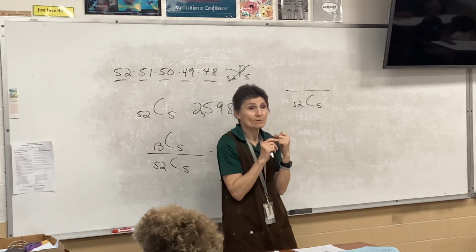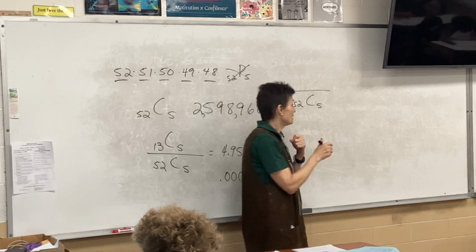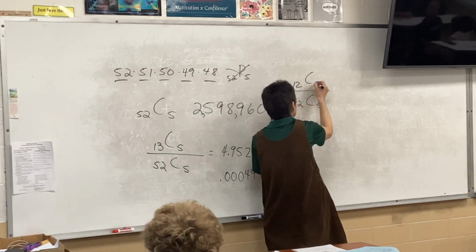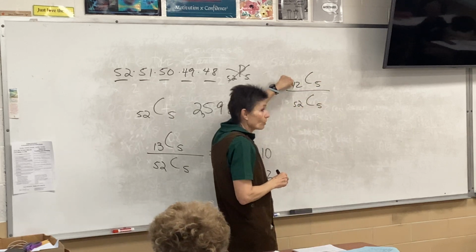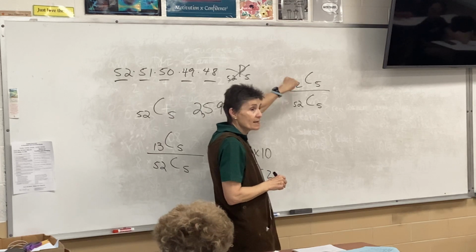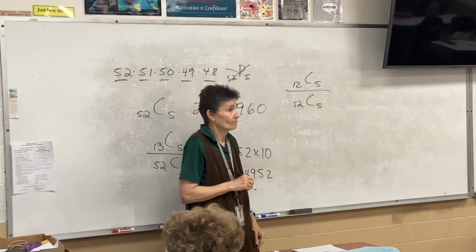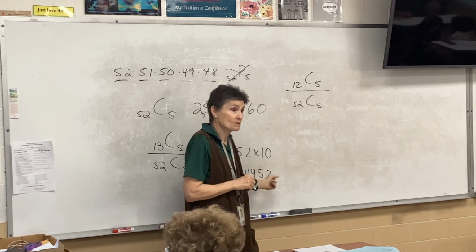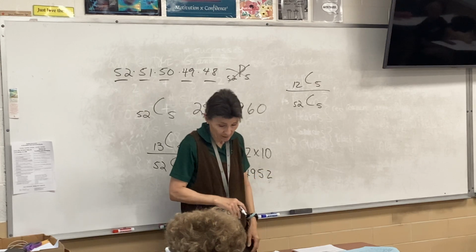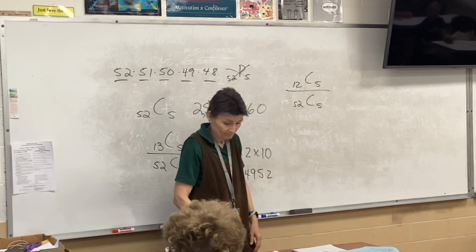So how many face cards are there? 12. So 12C5 is your numerator. There are 12 face cards, and you want to pick 5 of them. So that's going to be an even smaller number. See if you can type that one in. Tell me what you get.